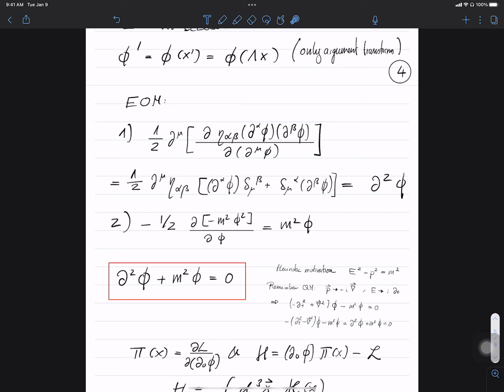So we get a Kronecker delta beta mu. And otherwise, if they don't match, this is just zero. You just have a binary answer. Either you have the same function, you differentiate it with respect to itself, then you get a 1. If you have different functions, you get 0.